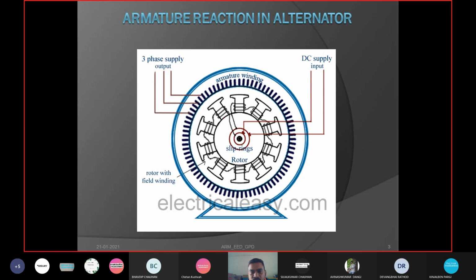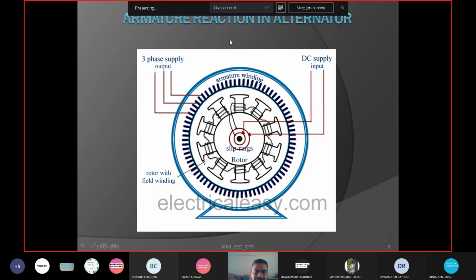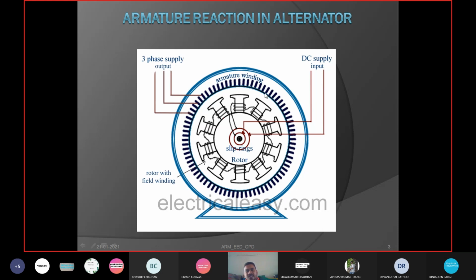So here, this is the armature winding. There is more than one conductor in the armature winding, and in each and every conductor current is flowing. So around all these armature conductors, the magnetic flux or magnetic field is produced.